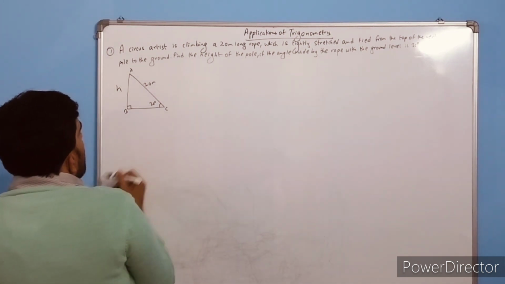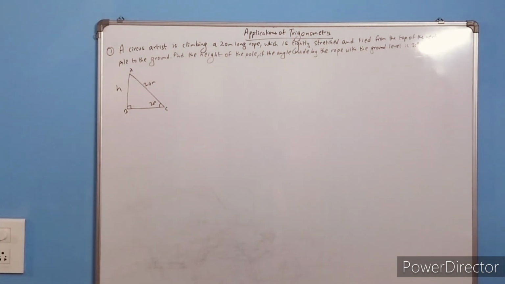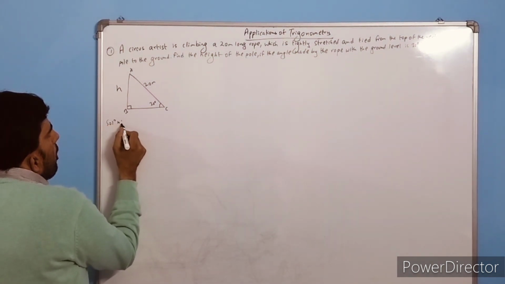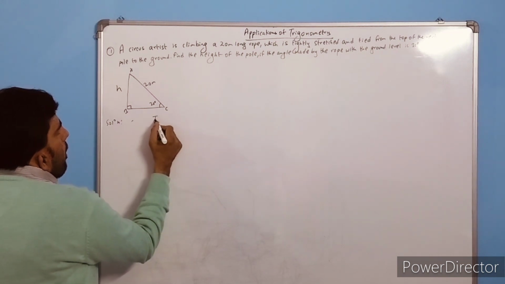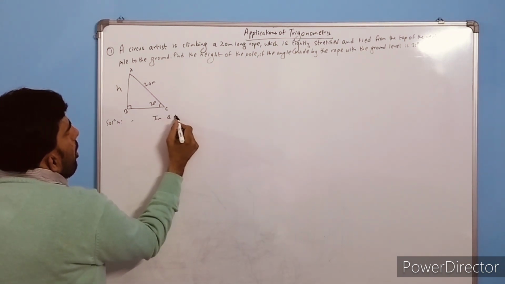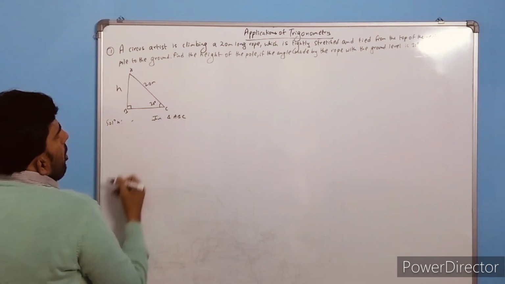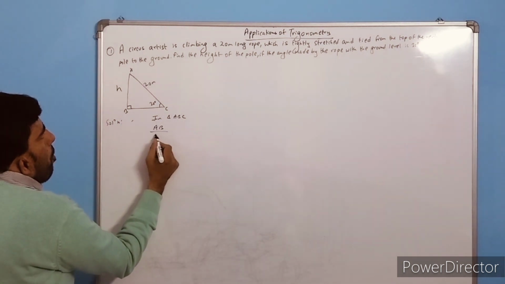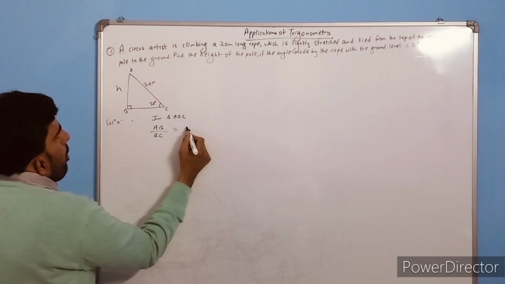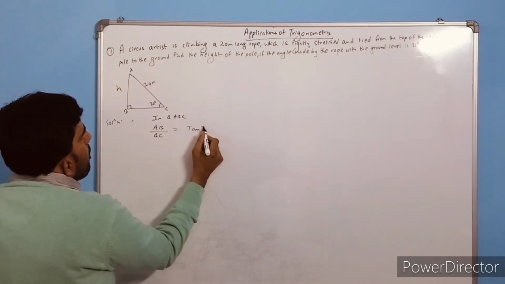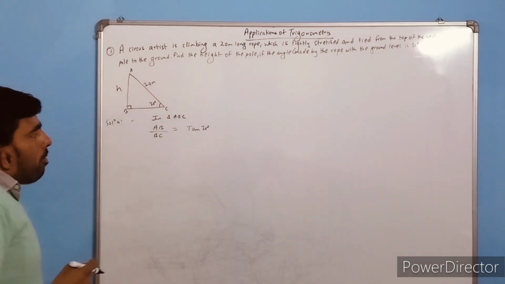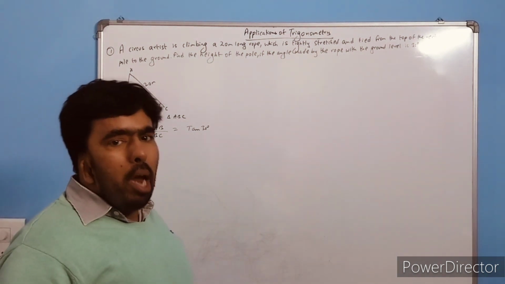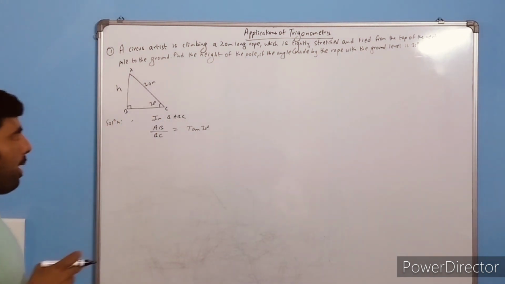So let us see how we'll solve this numerical. Now in triangle ABC, AB upon BC is equal to tan 30. We have learned the ratios in the previous chapter, so here we'll apply this.